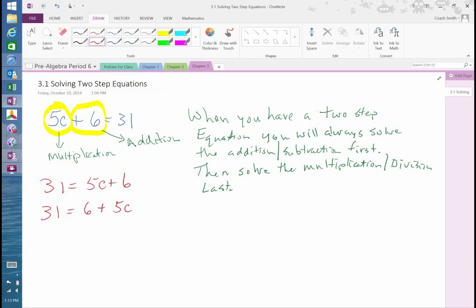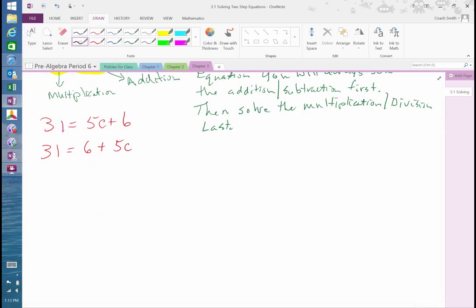Okay? So, everybody understand why it's two steps? Okay? So, the way we treat the problem then is this way.